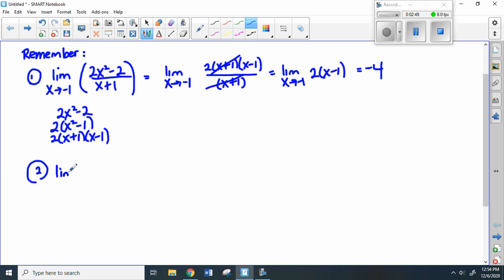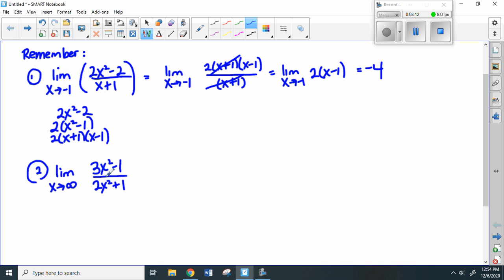What if I asked you to take the limit as x approaches infinity of something like 3x squared minus 1 over 2x squared plus 1? Well, remember when you take a limit as x approaches infinity, technically you're supposed to start with direct substitution, but that's just going to give you infinity over infinity.